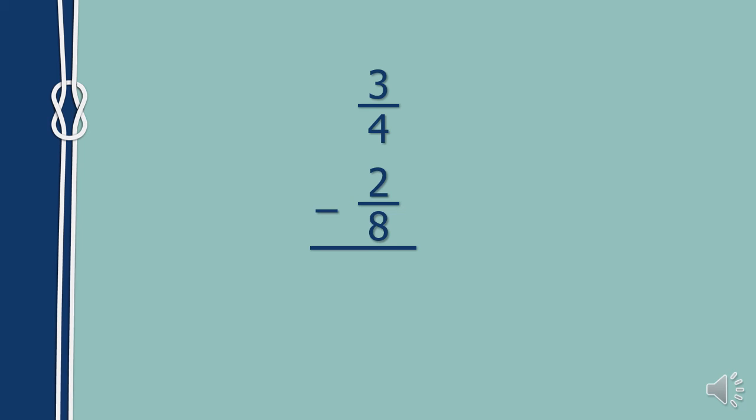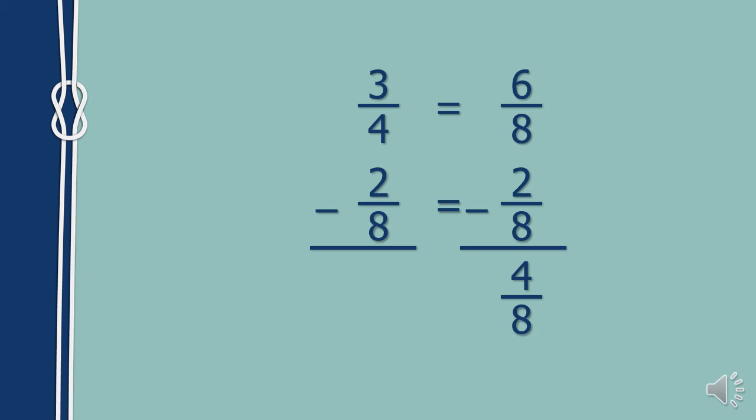If we multiply 3/4 times 2/2, we get 6/8, and now we can subtract. 6/8 minus 2/8 is equal to 4/8. Okay, very similar to the addition, but we're just doing some subtraction now.